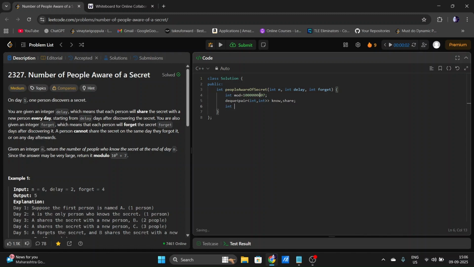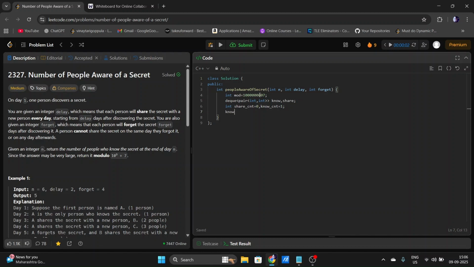And we have two counters, one is share count and another is non count. Share count is 0 because on the first day there are no persons who can share the secret with another, and non count is 1 because one person already knows about the secret.